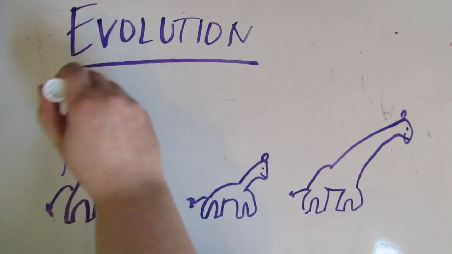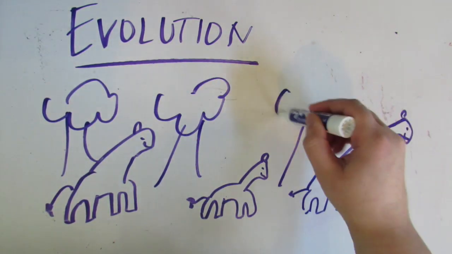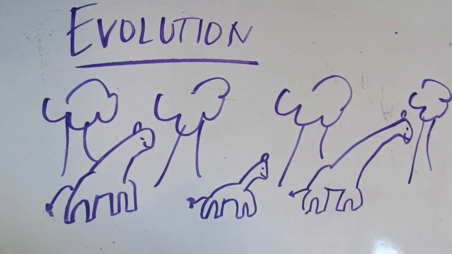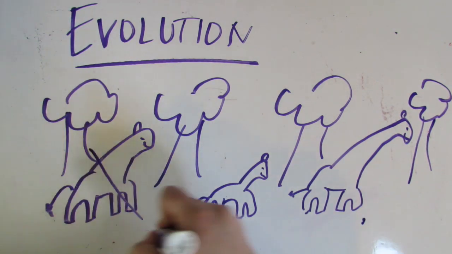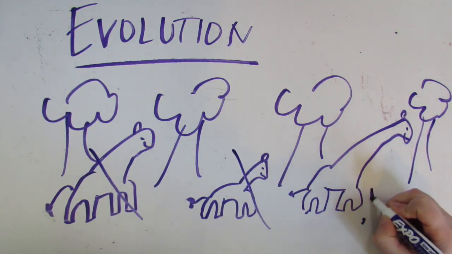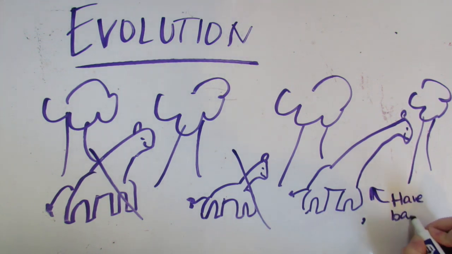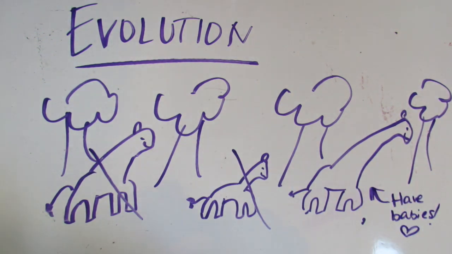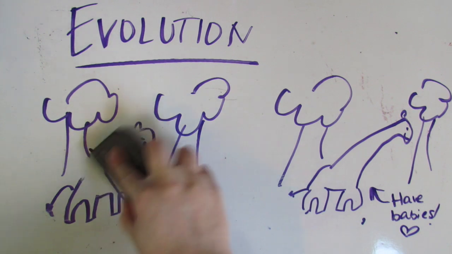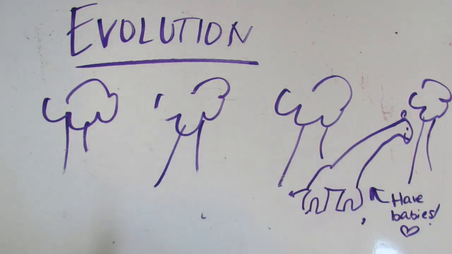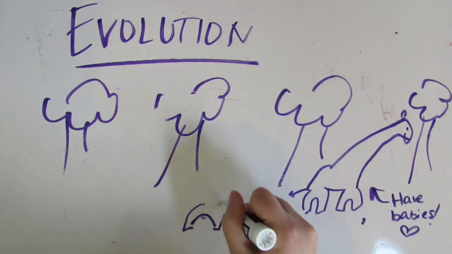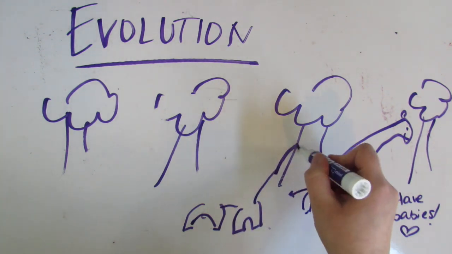But over time, when you look at how giraffes like to get their food, giraffes that had the longer necks were probably the ones that survived to reproduce. So over time, those giraffes had babies, and eventually the entire giraffe population grew longer necks, just like we know giraffes to have today.